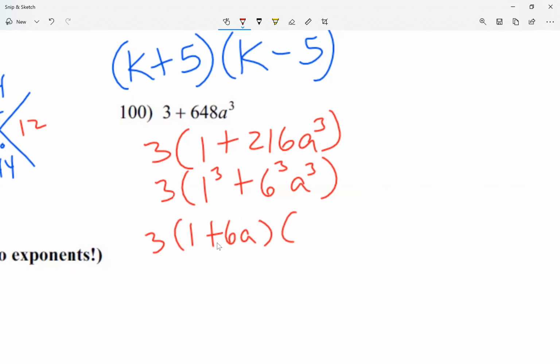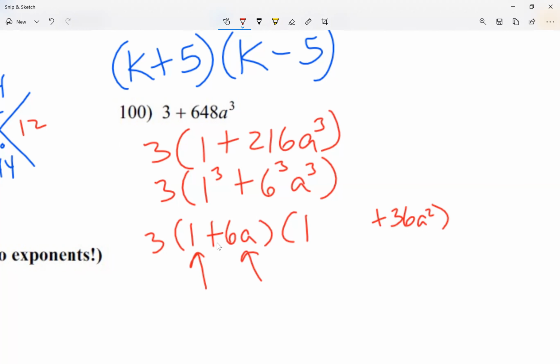My second parentheses, right? This one starts with a 1. Square it. What's 1 times 1? 1. The end of my parentheses, see how this one finishes with 6a? Square it. What's 6a times 6a? So I'm going to write this as plus 36a squared.